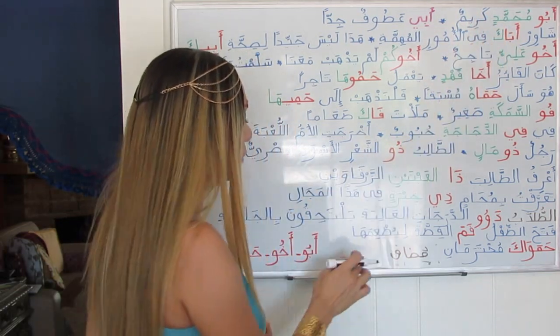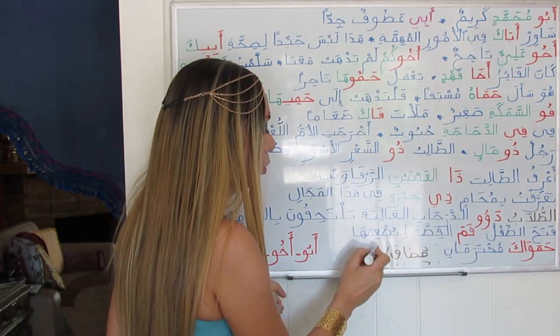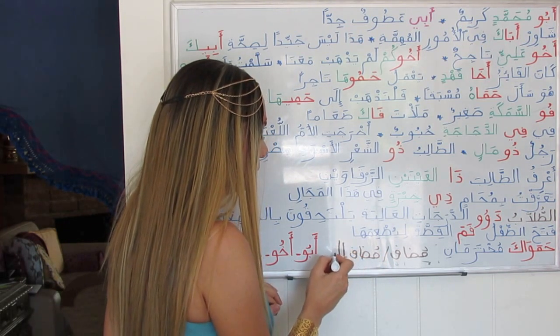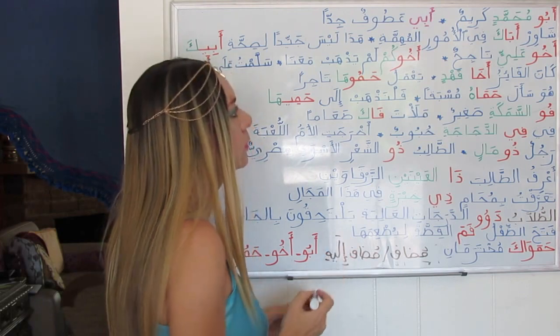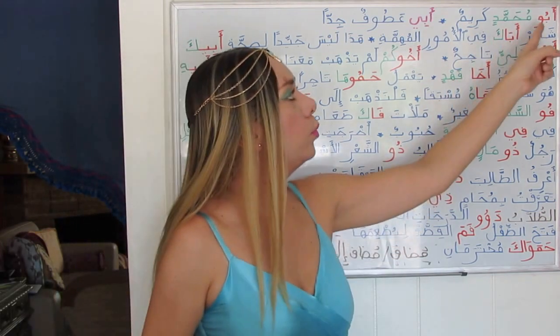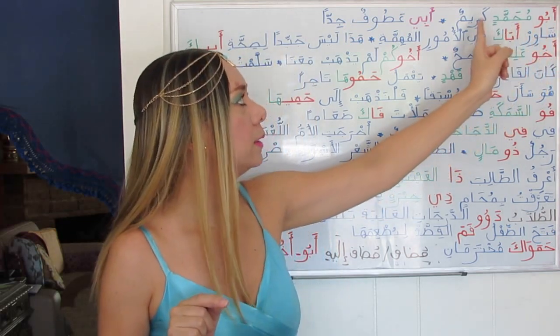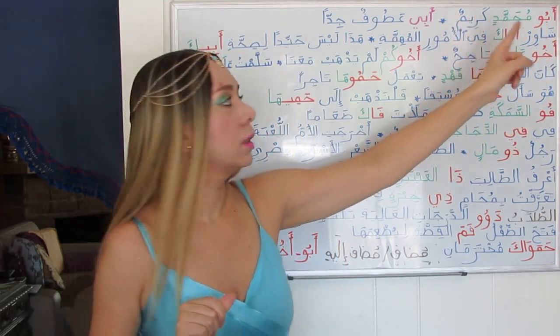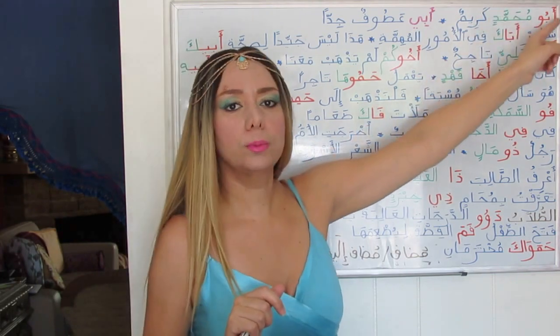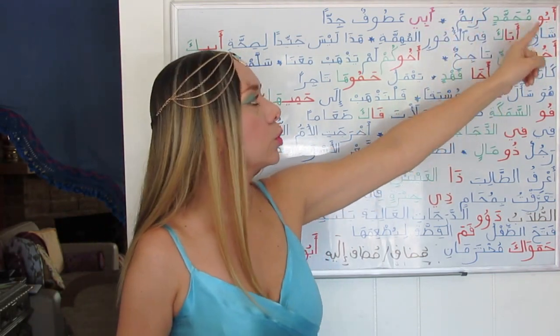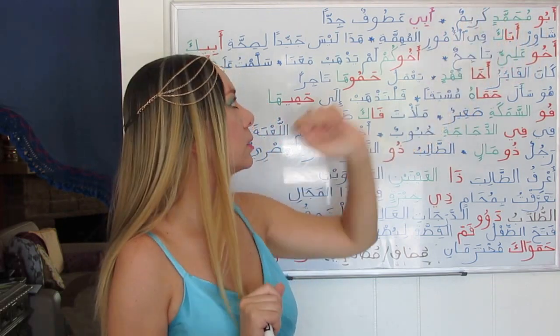Muhammadin is مضاف إليه, added to. So, Abu Muhammadin, the father of Muhammad, is generous. So this is al-mubtada, the subject, Karim is the predicate. So the father of Muhammad is generous.